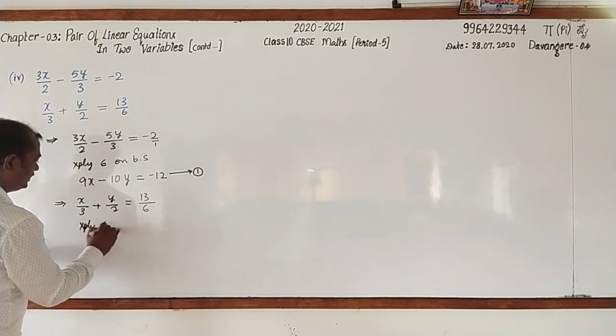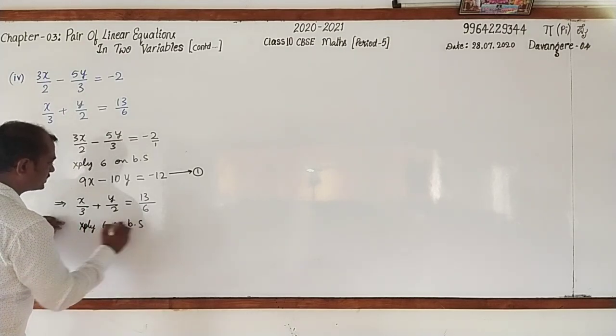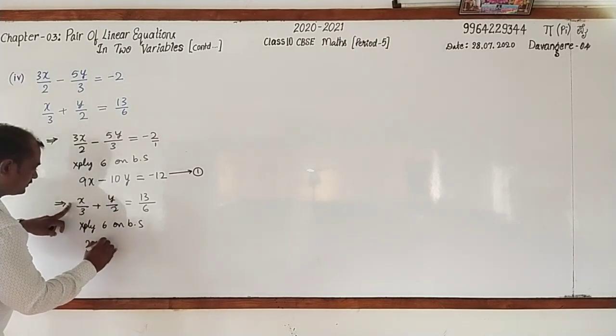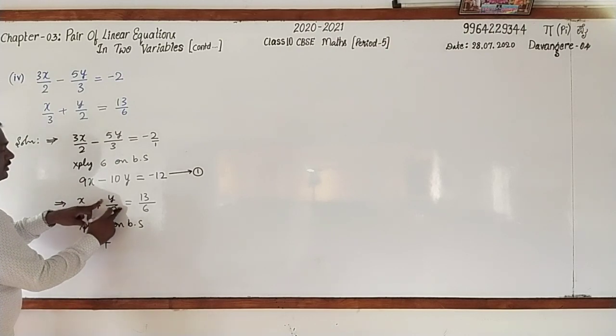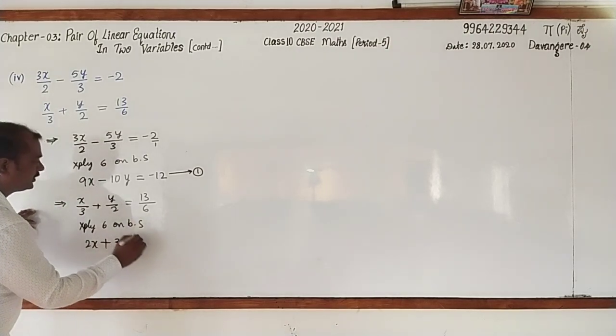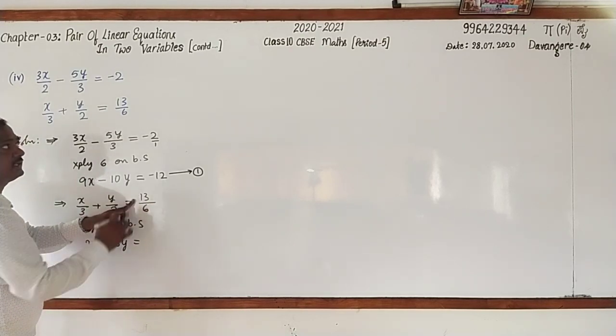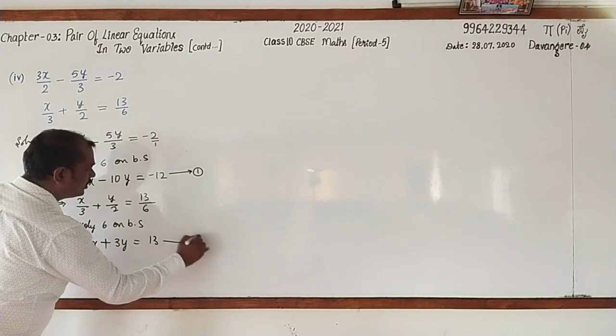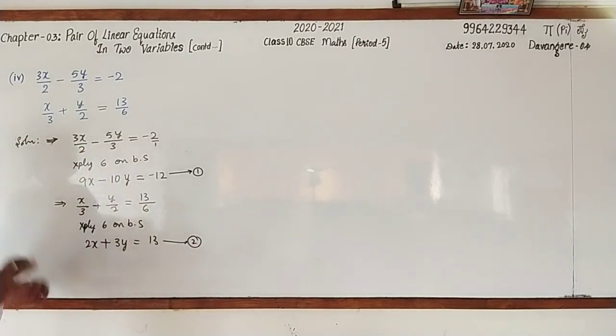Again, multiply 6 on both the sides. When you multiply 6 here, 3 2s are 6, 2 into x, 2x plus. Multiply 6 here, 2 3s are 6, 3 into y, 3y. Multiply 6 here, 6 and 6 get cancelled, only 13 will remain. Now the first step is over.